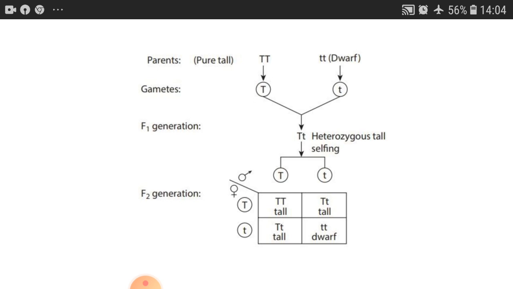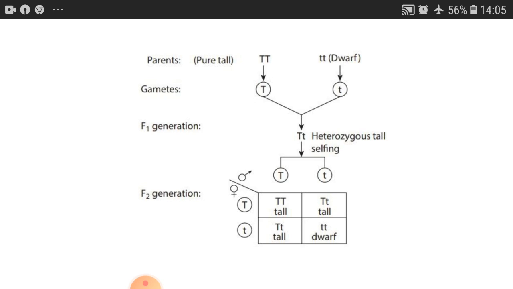He collected the seeds produced as a result of this cross and grew them to generate the plants of the first hybrid generation, known as the first filial generation. The parental plants on your screens have these two alleles, the capital T, and the dwarf one is represented by small t and small t.